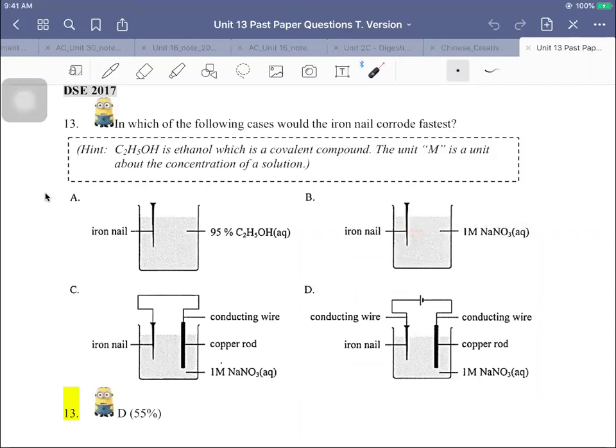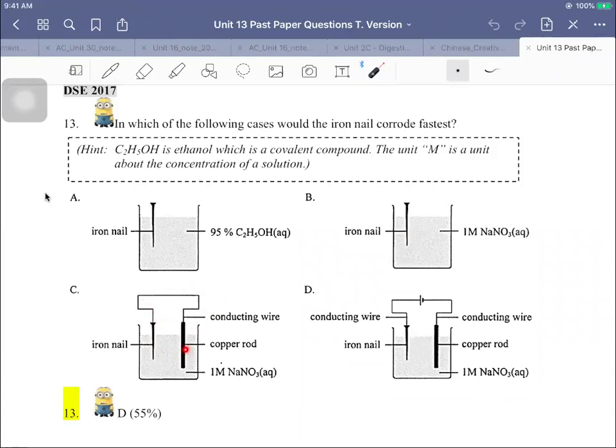Okay, and then let's take a look at C. What will happen in C? Again, if we take a look at the solution, we still have 1 molar sodium nitrate solution. So again, this solution will provide mobile ions, which can speed up the rusting process. But this one also connects the nail to the copper rod.